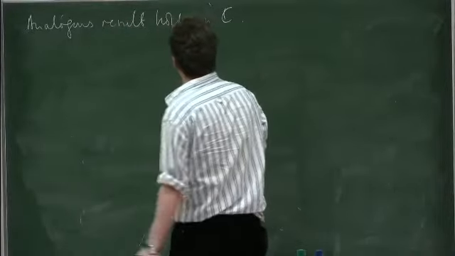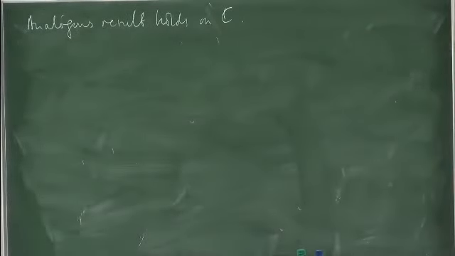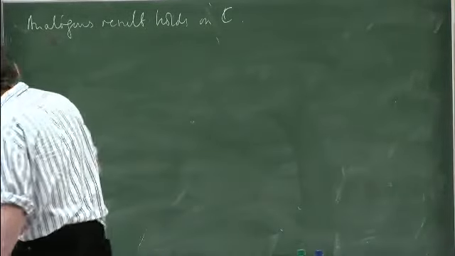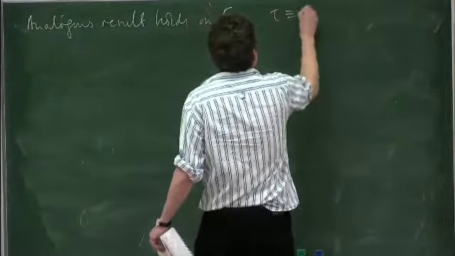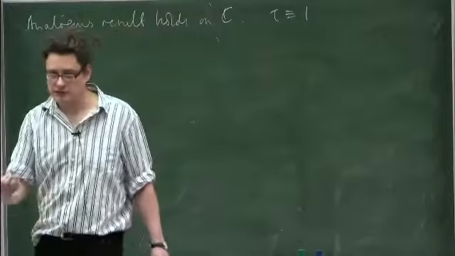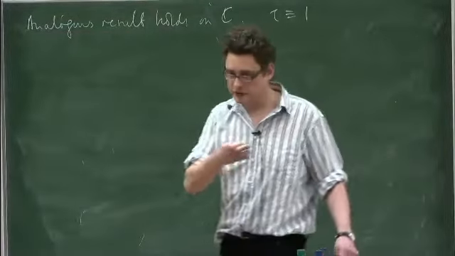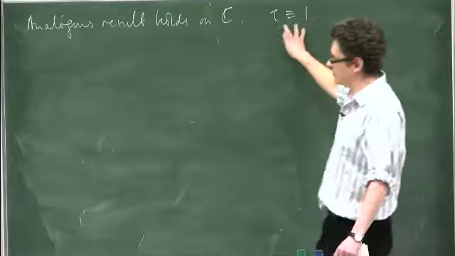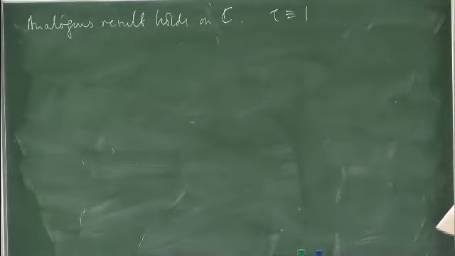Now on the complex plane, there's no such thing as tau. You can always set tau to 1 just by a homothety of your surface sigma. And for the complex plane, a homothety is the same as an isometry. So without loss of generality, on the complex plane, you can just set your complex parameter tau to 1.